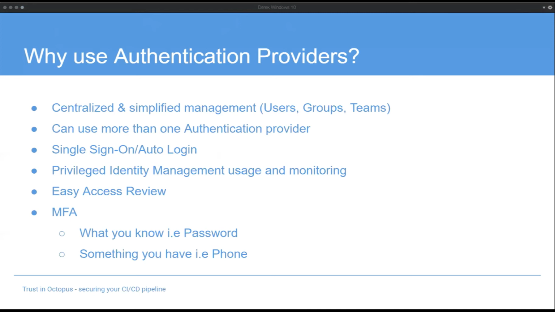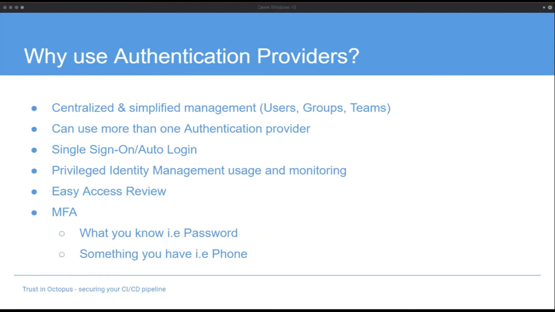I think with authentication providers, it gives you that centralized single source of truth for authentication. So traditionally, you would normally have had Active Directory. You could have application users and passwords. The problem that presents is you could have, say, 17 different usernames and passwords.